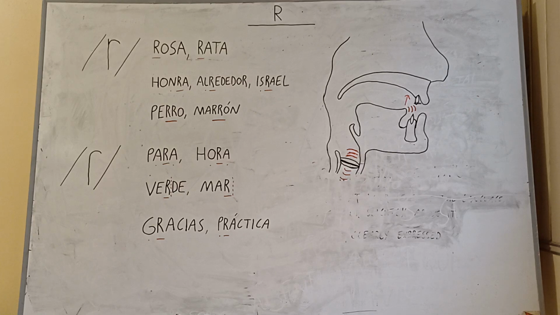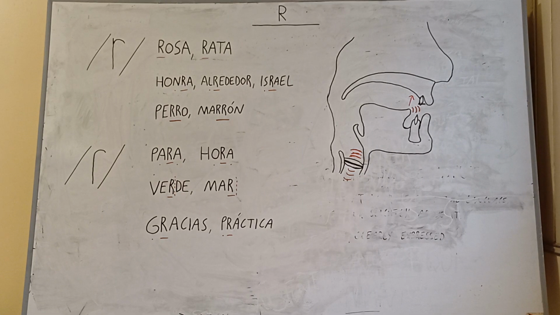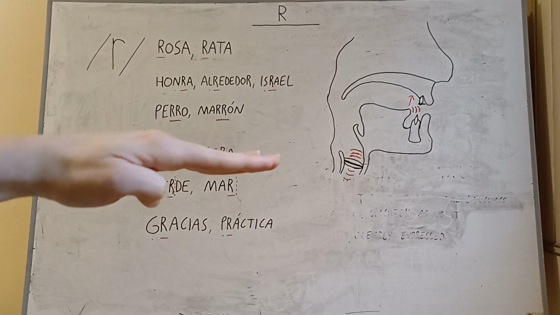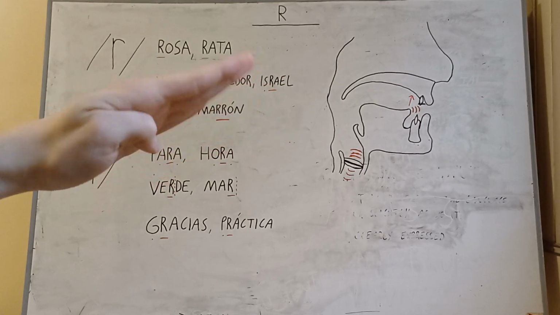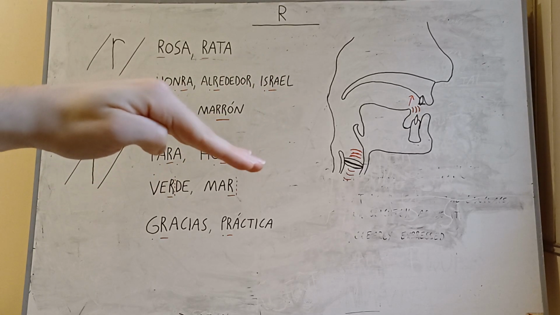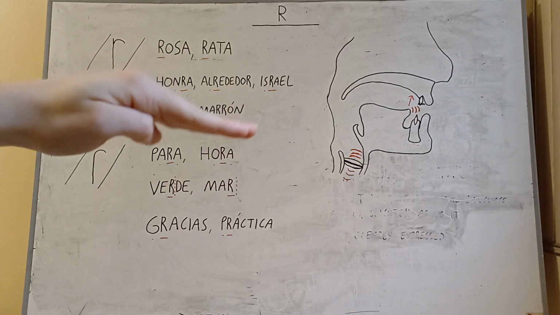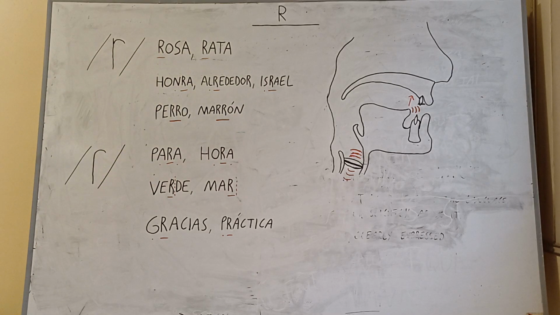So the tongue does not vibrate, but it simply taps against the alveolar ridge just once. Of course, this is easier than the trill, I guess.